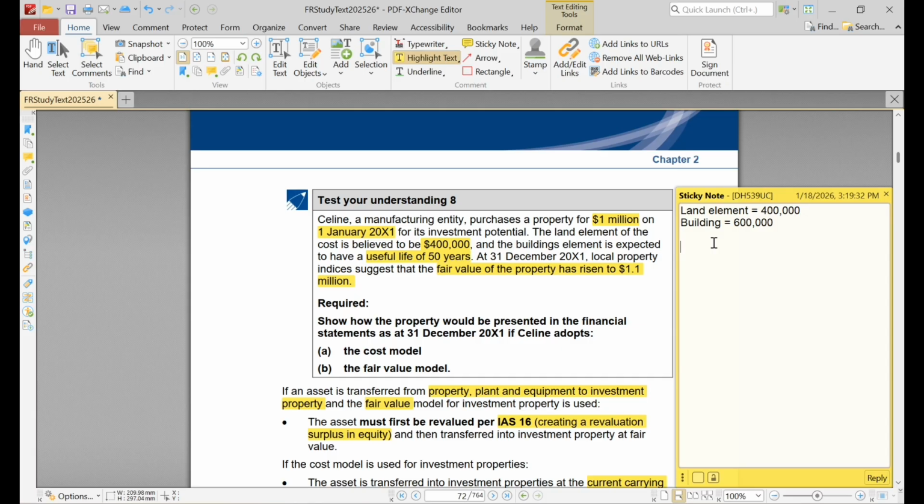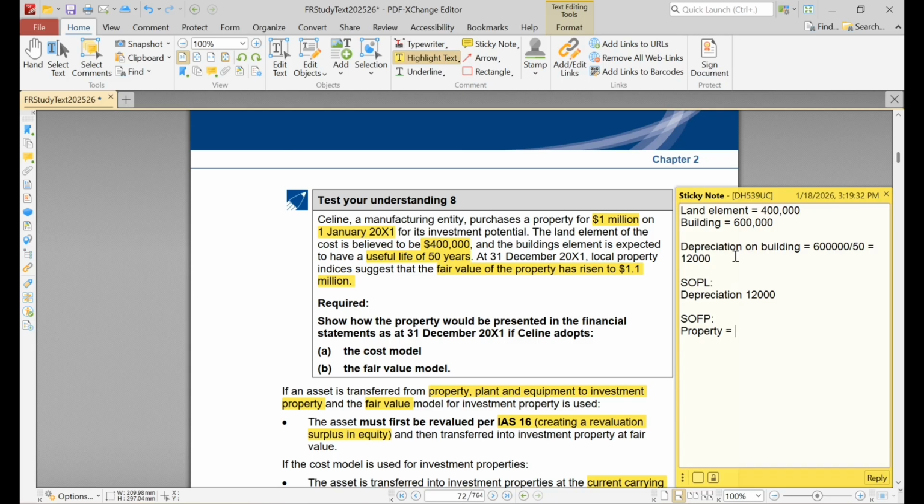Now the building element, the useful life is 50 years. So depreciation would be 600,000 divided by 50. This comes to 12,000. So the depreciation on building is 12,000. So in SOPL you would record depreciation of 12,000, and in SOFP you would record the total value of the property.